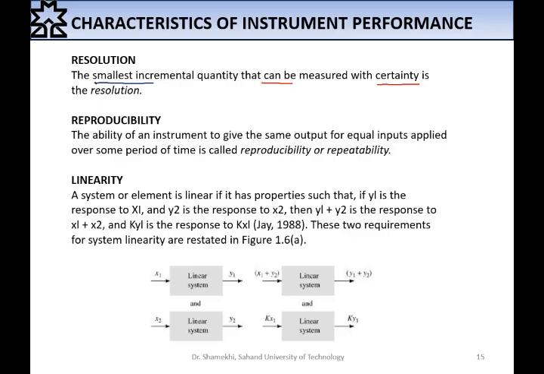Suppose that we have a mercury temperature meter, a thermometer, okay? 35, 36, 37, 38.